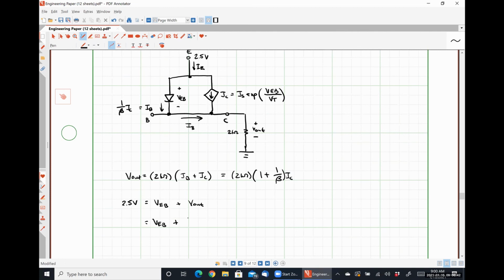We can say that it's 2 kilo ohms, 1 plus 1 over beta. IC in terms of VEB is IS exp(VEB over VT). And now we have one equation, one unknown that we can solve.